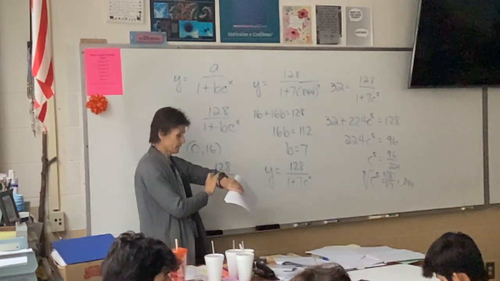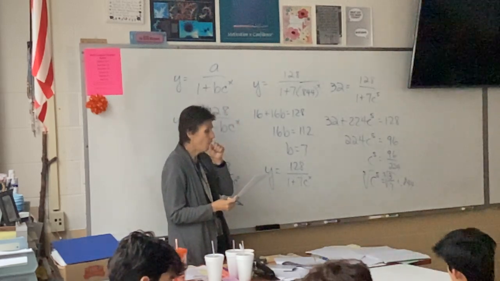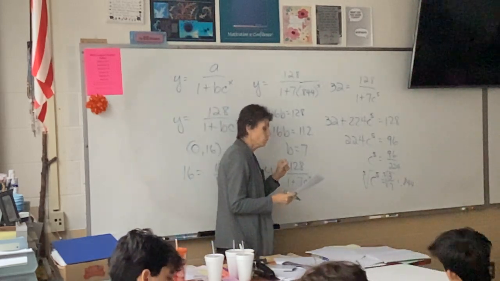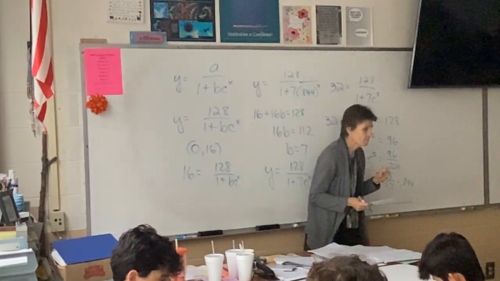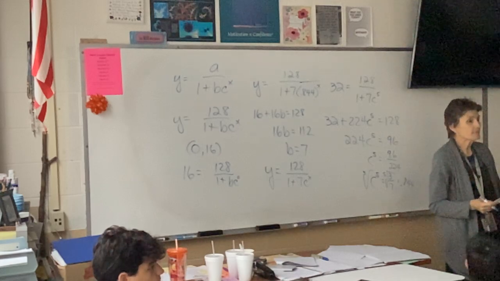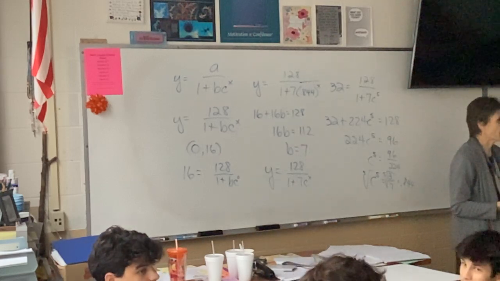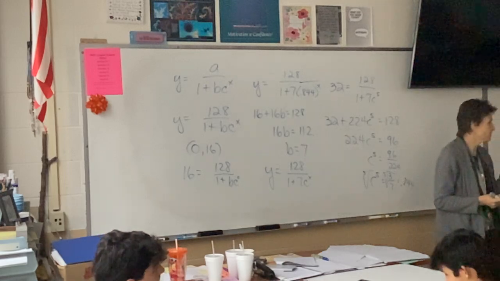Luckily for us, we have time to do one more problem. Look at problem C. And it is the same thing, except with the picture this time. All right, so you and your partner take a minute.